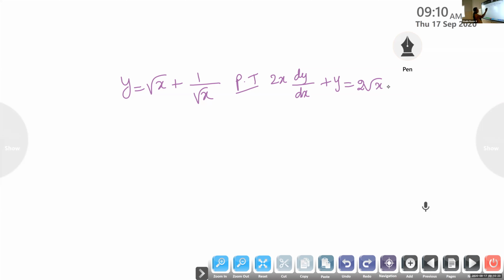So y is given, find dy by dx and substitute in LHS and prove that it is equal to RHS.